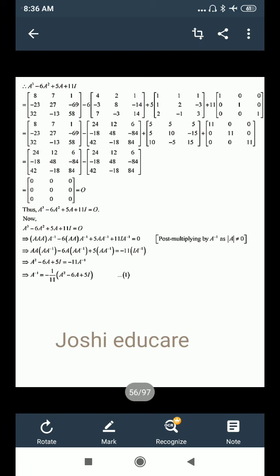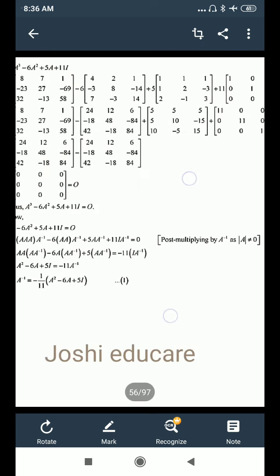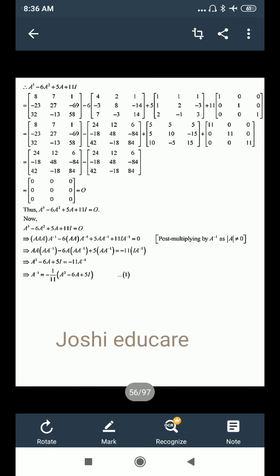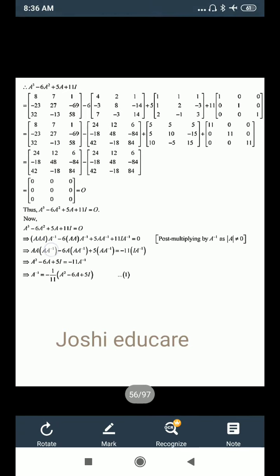So to find A inverse, as we did in earlier question, you just multiply it by A inverse throughout. After multiplying this by A inverse throughout, use the identity that A into A inverse is equal to identity. So I have taken it as A into A inverse.